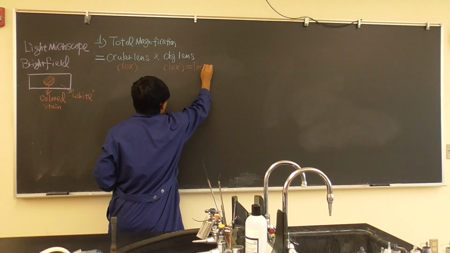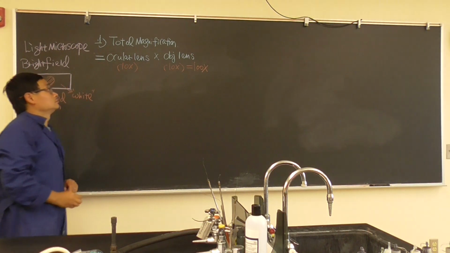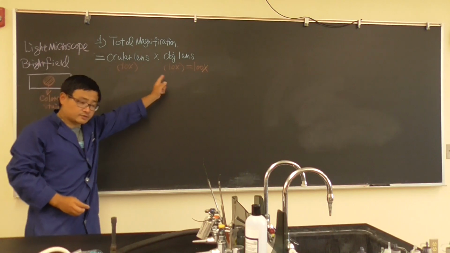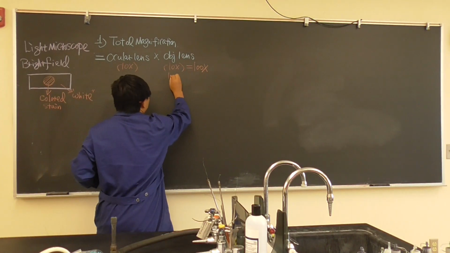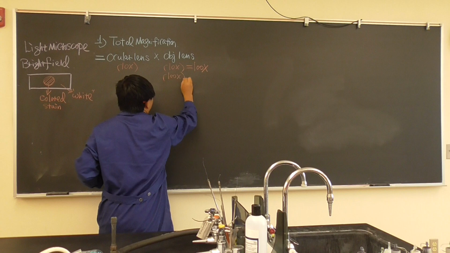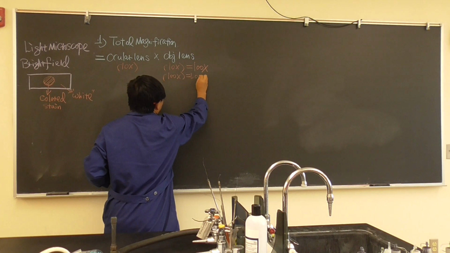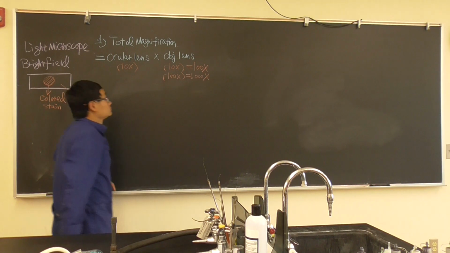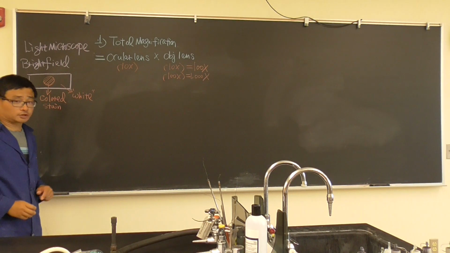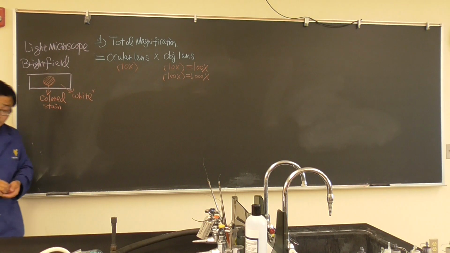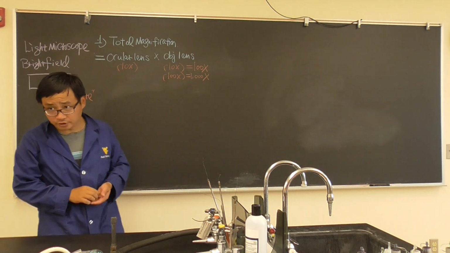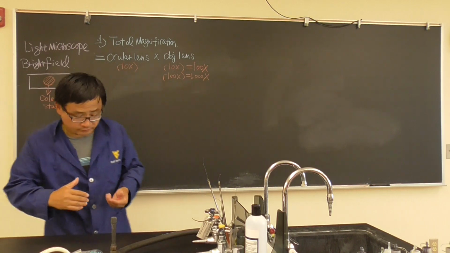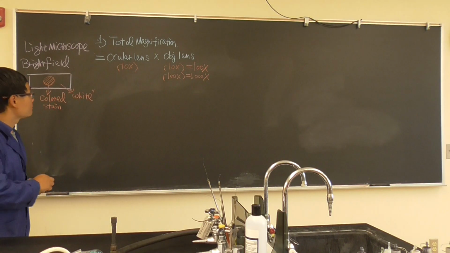It's 100x. If the objective lens is 100x, then the total magnification is 1000x. Okay, this is the first question, the total magnification. The reason is microorganisms are too small to see, so we have to magnify.